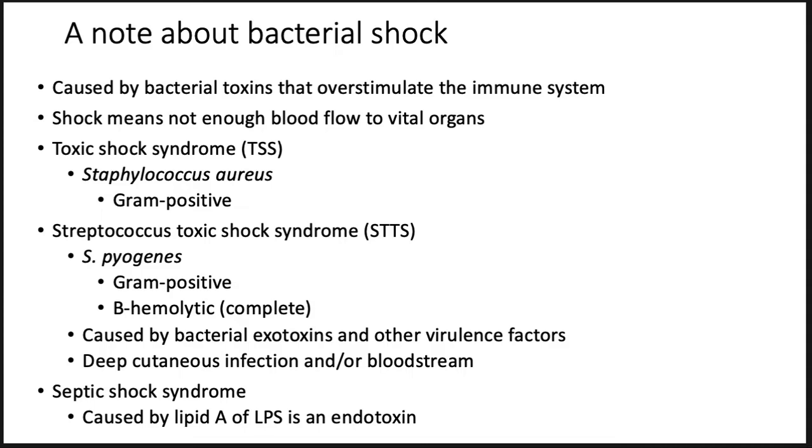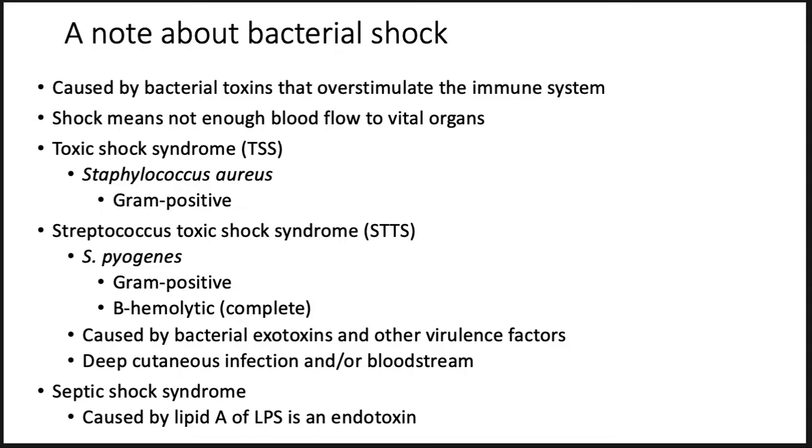Certain toxins of bacteria are able to overstimulate the immune system and cause shock. Okay, so we have toxic shock syndrome, which you've probably heard. It became very popular in association with tampon use, although nowadays it's rarely caused by that, and is mostly caused by poor food hygiene, for example.